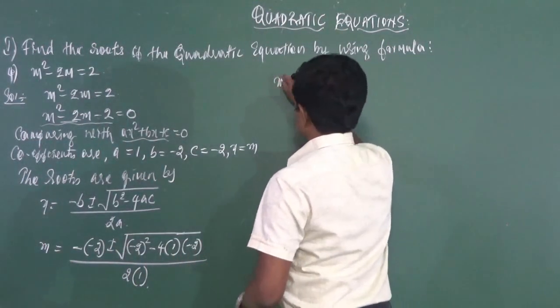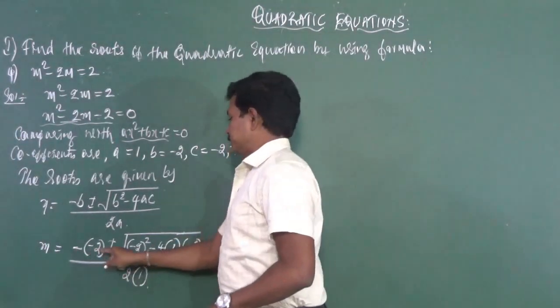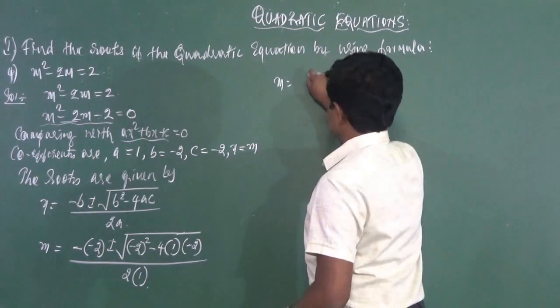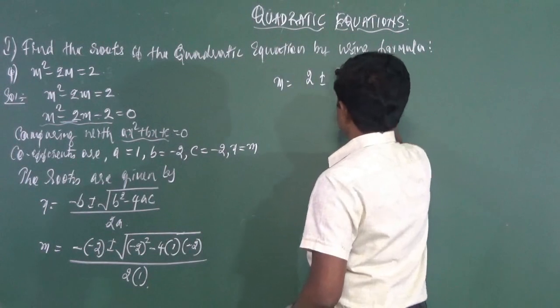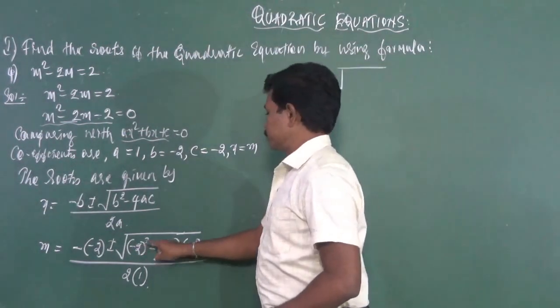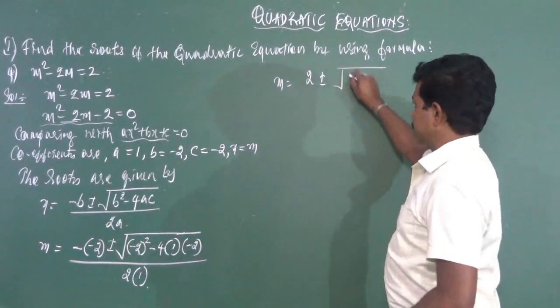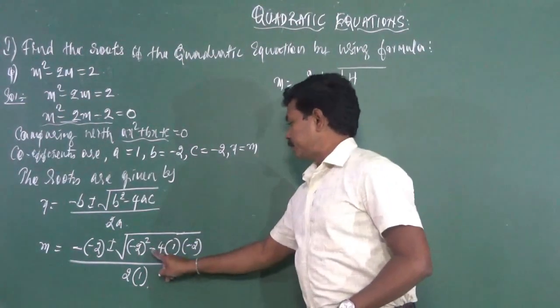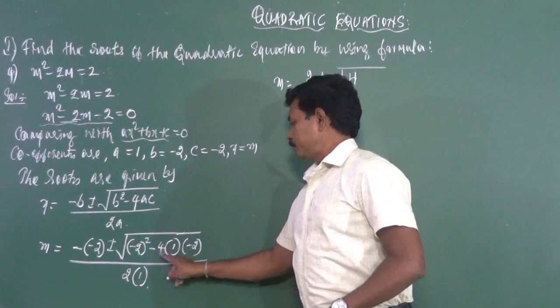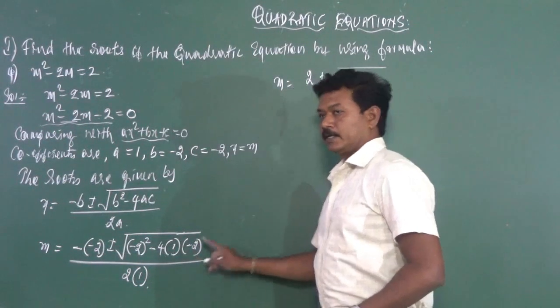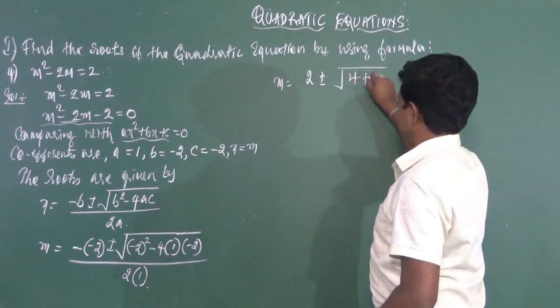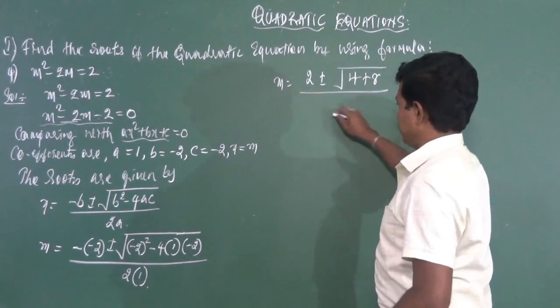So m is equal to minus into minus 2 is plus 2, that is 2, plus or minus square root of minus 2 whole square is minus 2 into minus 2, that is 4. Right, we will multiply the sign, minus into minus plus, 4 ones are 4, 2 fours are 8. Very good. 4 plus 8, divided by 2.